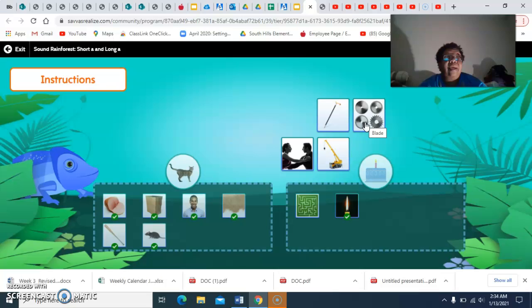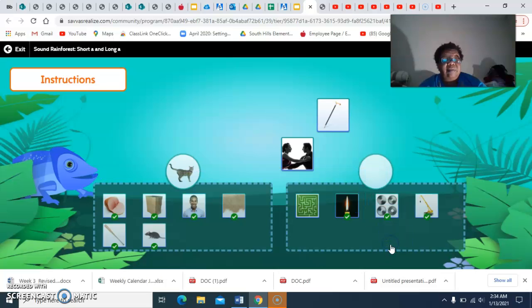Blade, blade is the A sound. And I'm not sure about this one. That looks like A's. It's already there. Okay. Then we have, let's see what this is. Crane. And it makes that sound like cake.